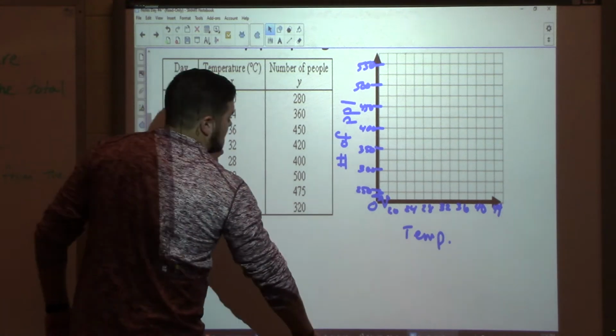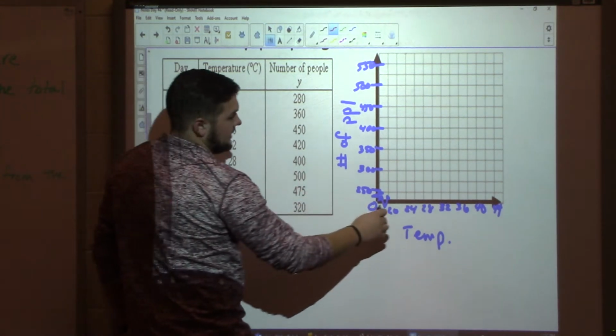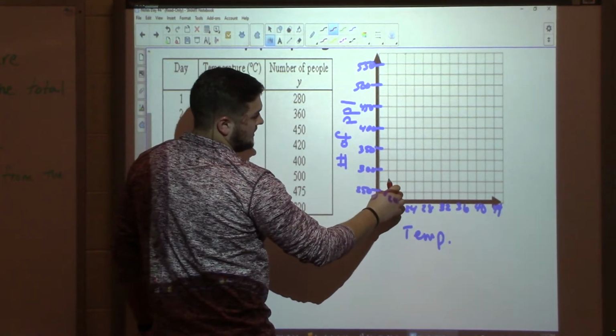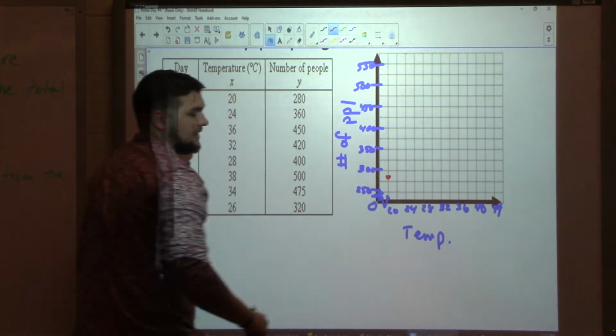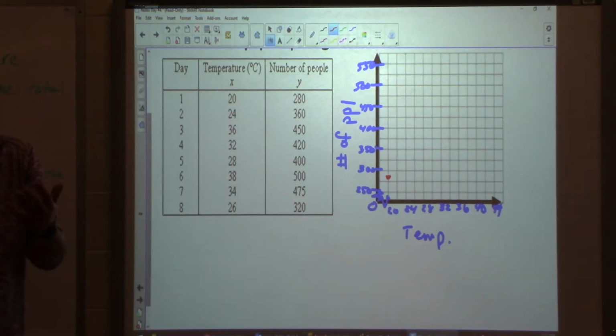Step 1 we said make a scatter plot. So 20, 280. 20, right about here, 280. And this isn't perfect. These points are plotted by approximation.